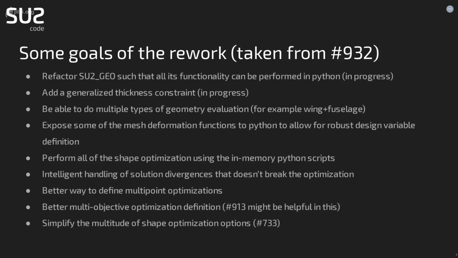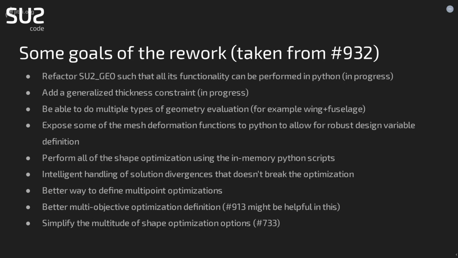The handling of large numbers of files is annoying, but it is something that needs to be done for now. Once we move to in-memory Python, using the in-memory Python wrappers, then hopefully we can get rid of some of these file IO issues.